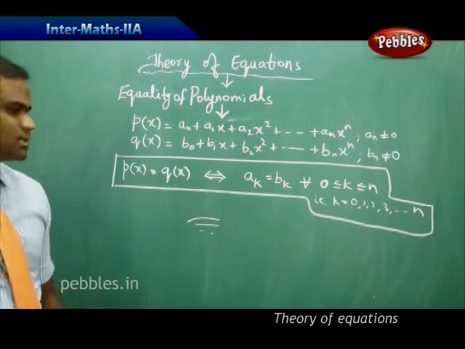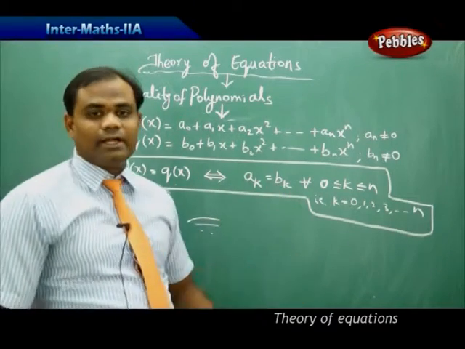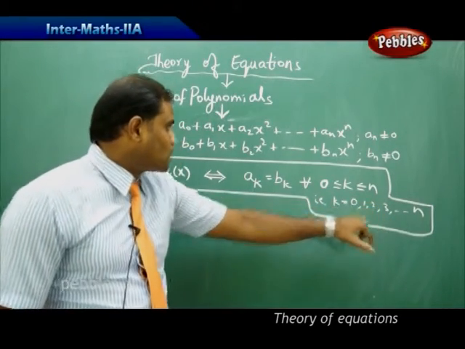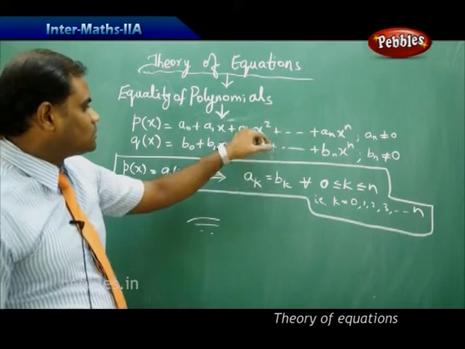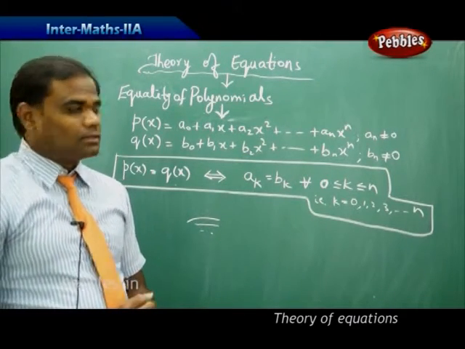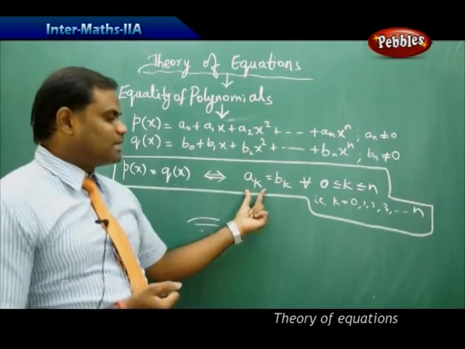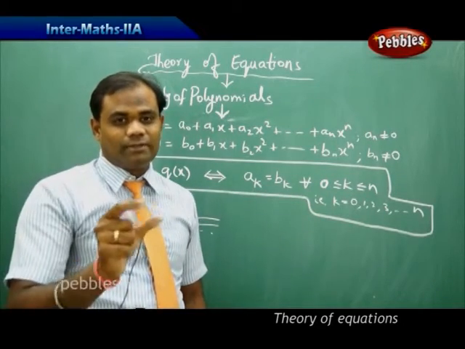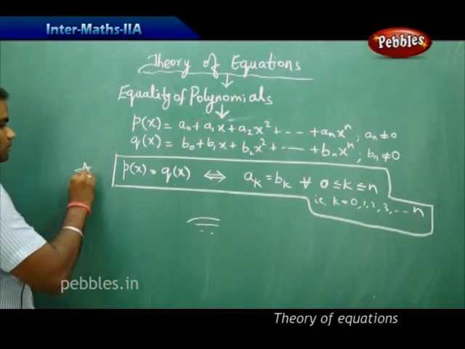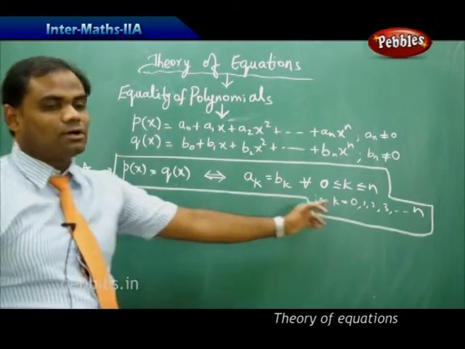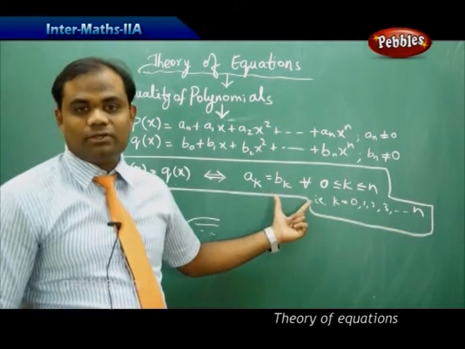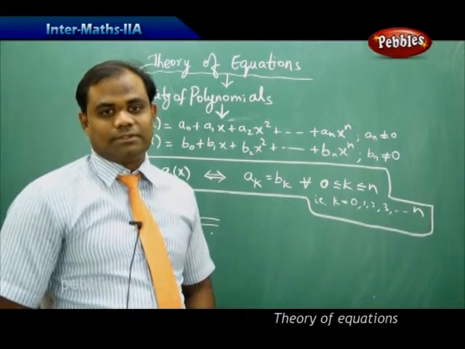So two polynomials are equal if and only if their like coefficients are equal. That is, when I take k equal to 2, that is a2 equal to b2, then we say the two polynomials are equal. Remember, the equality of polynomials is strictly based on equality of the respective coefficients. Very important formula here, is how we understand the equality of polynomials connected with equality of their respective coefficients.